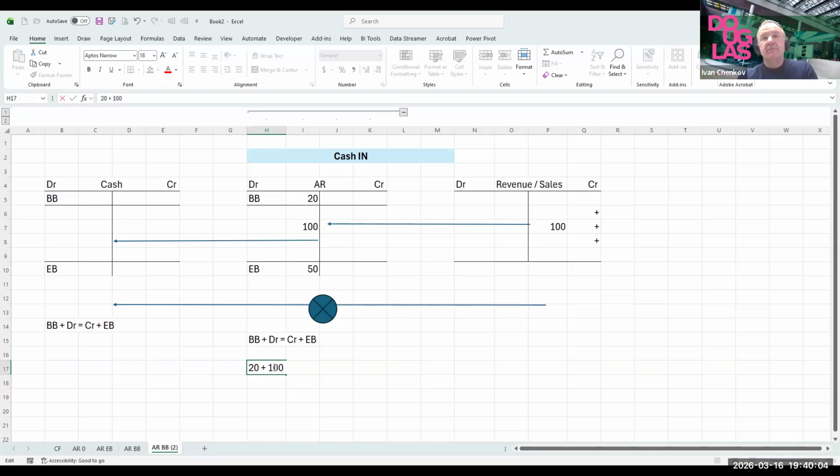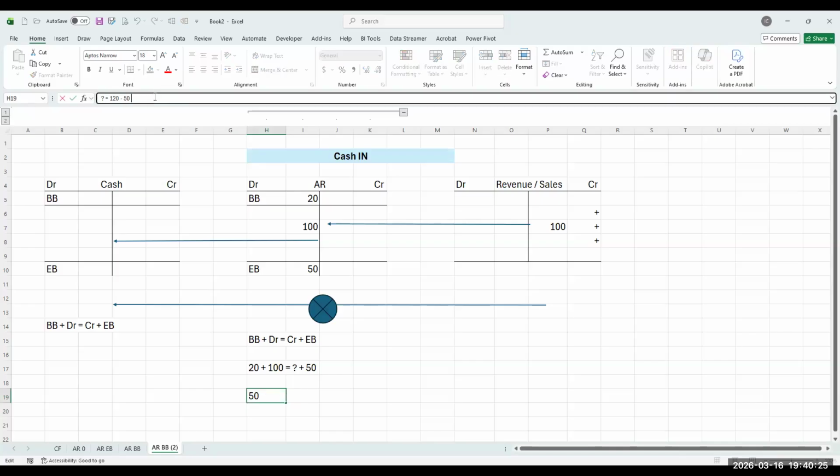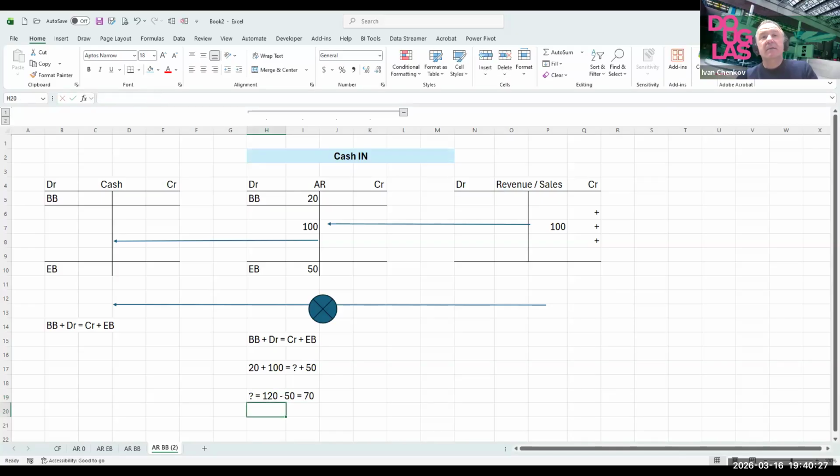On the other side, what do I have? Question mark. I don't know how much I have collected, but I know that my ending balance is 50. So where is my question mark equal to? I have 120 minus 50. And that's going to give me 70. I collected $70.